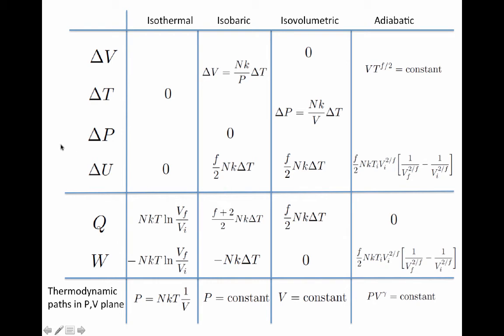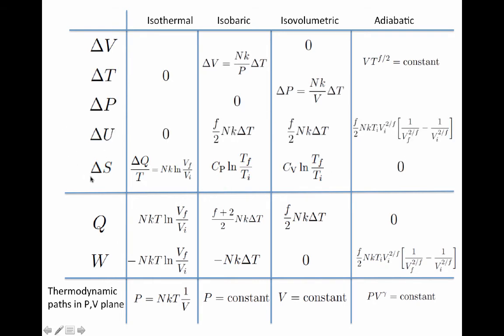So we can actually add all these results to this table here. Let's just stick in an additional row here for ΔS for these 4 types of reversible process. Again, this is a handy reference sheet for you to keep on hand when you're attacking various simple problems in thermodynamics.